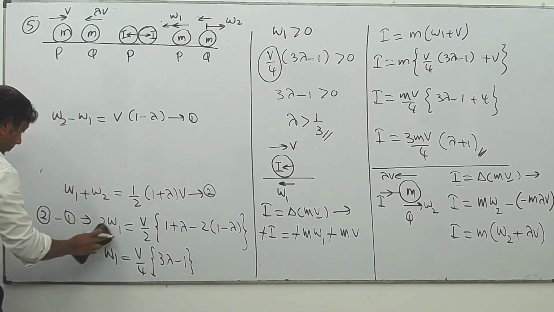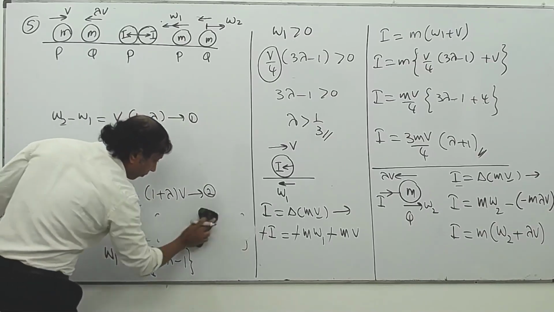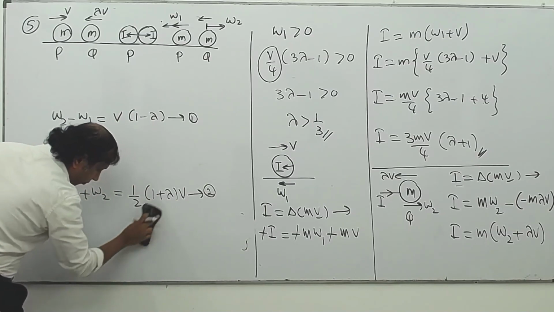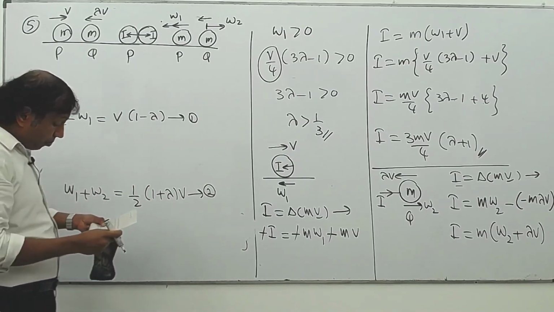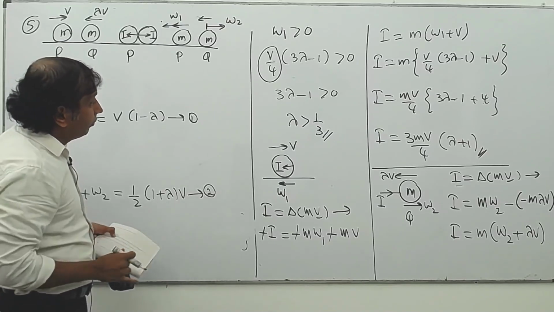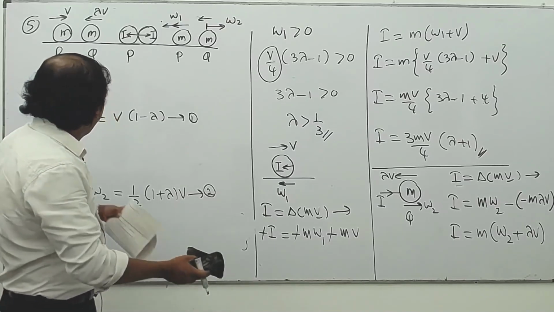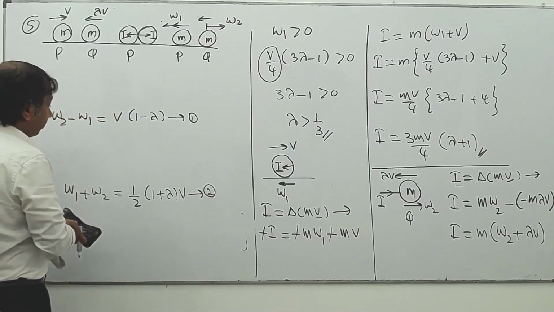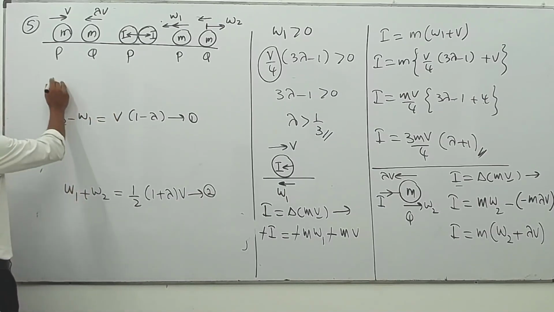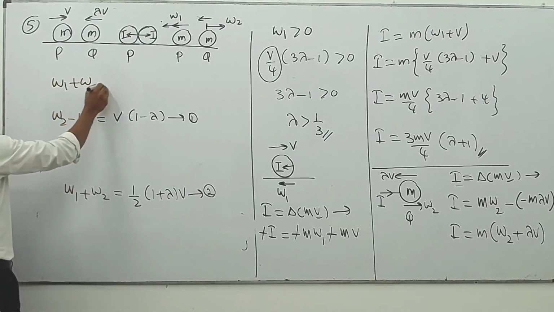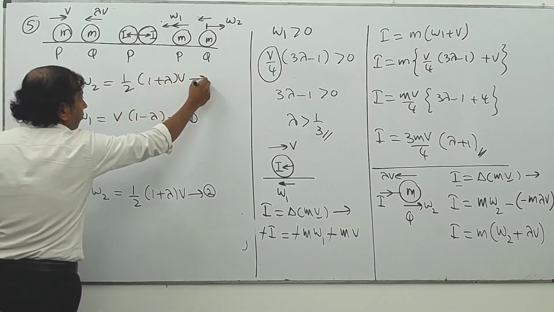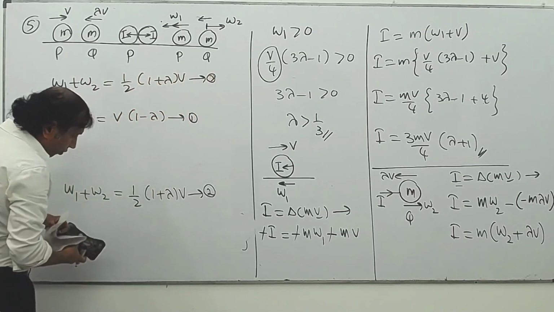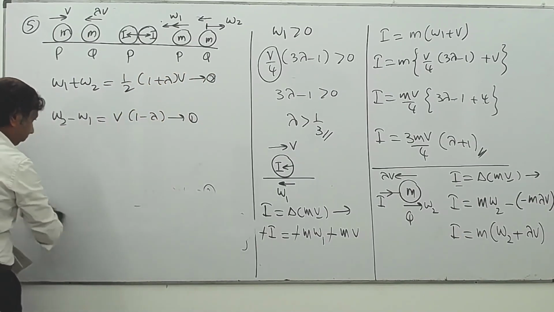Then for loss of kinetic energy, the second equation I write here: w1 plus w2 equals half, 1 plus lambda, times v.